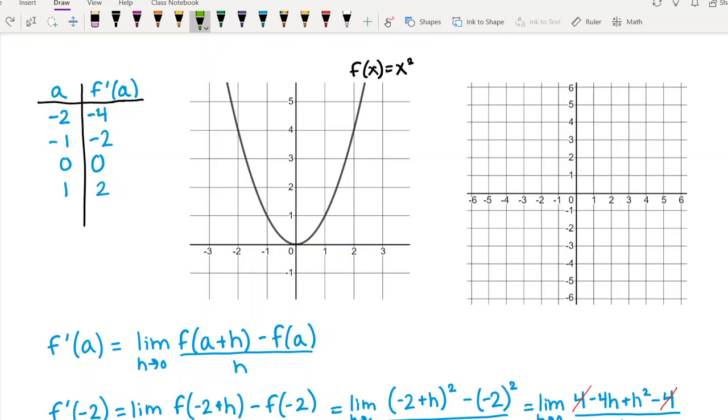Okay, so looking at these numbers in our table, notice they kind of have a pattern to them, right? It goes -4, -2, 0, 2. They keep going up by 2 each time. So I actually want to graph these points. And there's one thing I'm just going to quickly change, and it's really not a big deal. You're allowed to use whatever letter you want for a variable.